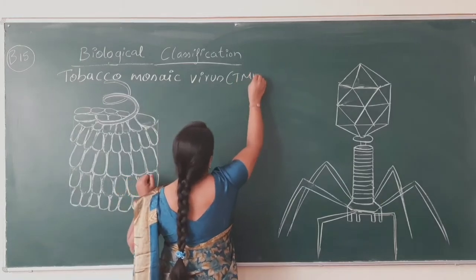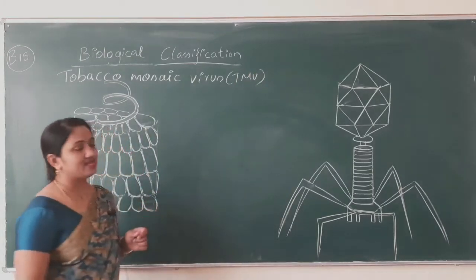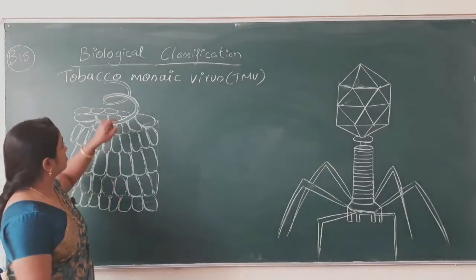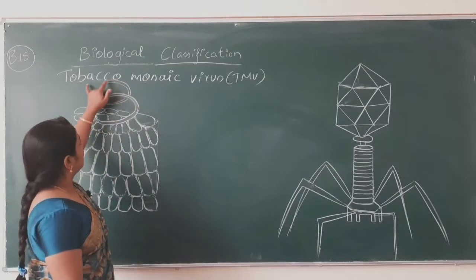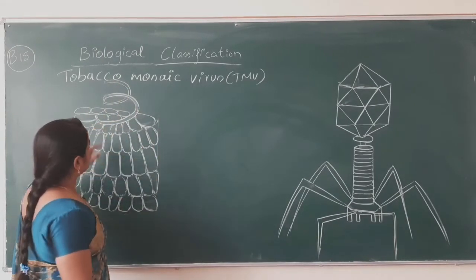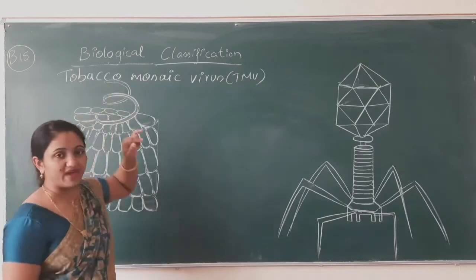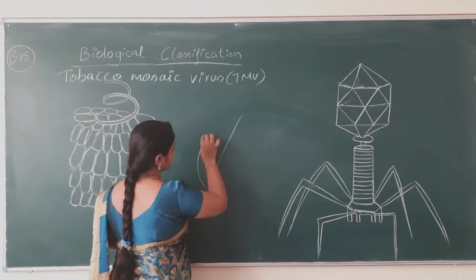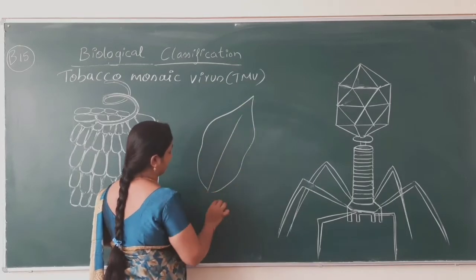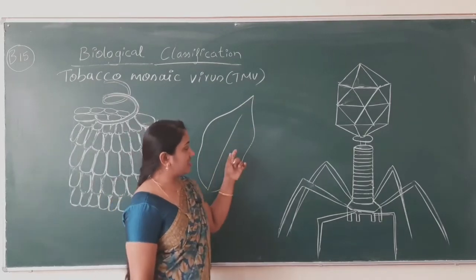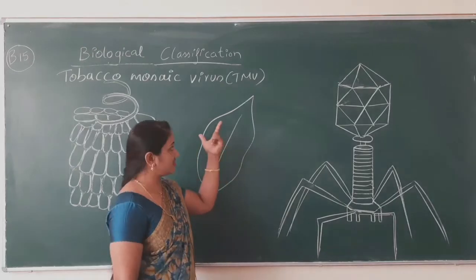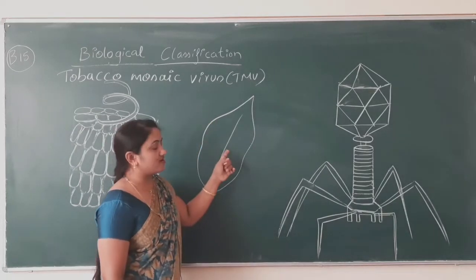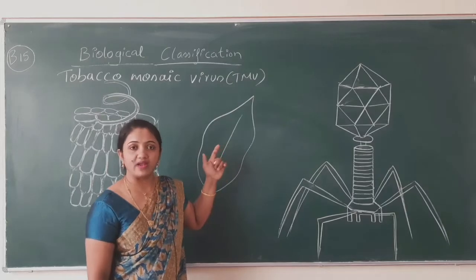In short, we call this TMV. The name itself says this virus is going to infect only the tobacco plant. The virus first infects the leaf of the tobacco plant.